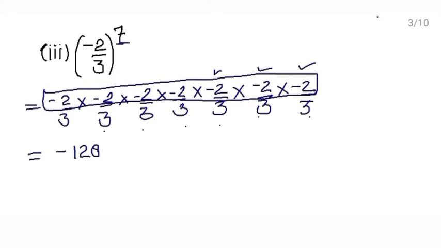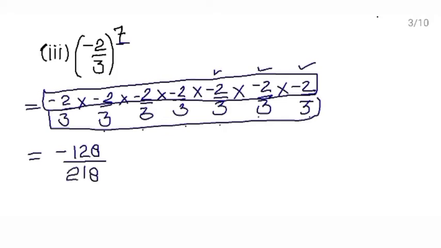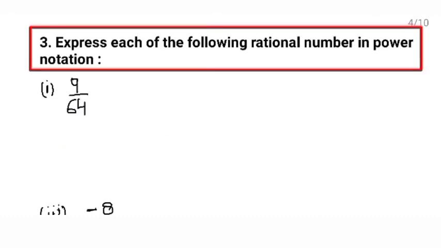So resultant will be minus. Right? Multiply the denominators. 3 multiply 3 multiply 3 multiply 3, how many times? 7 times. So it will be 2187. So what is your answer now? Your answer is minus 128 upon 2187.